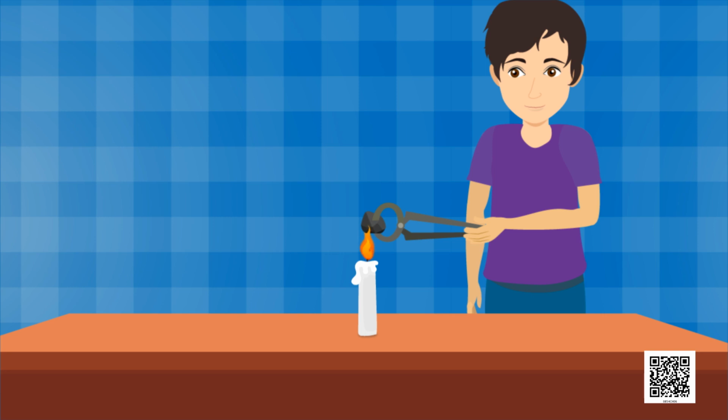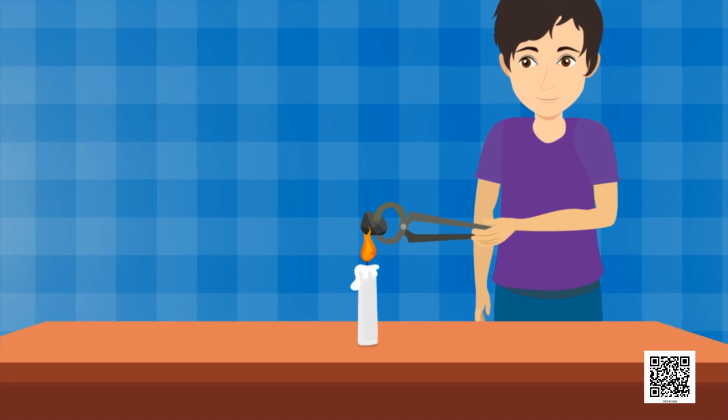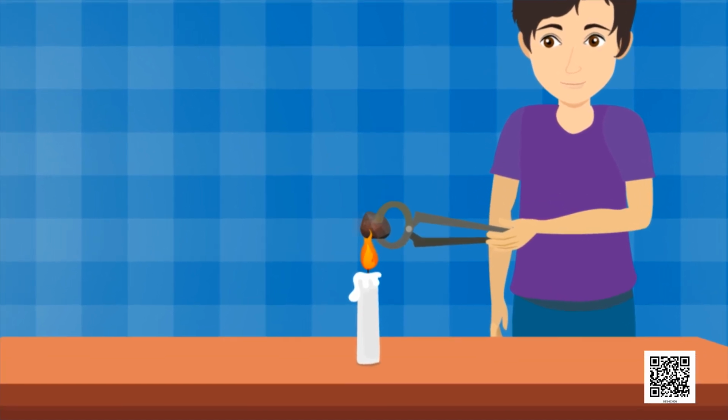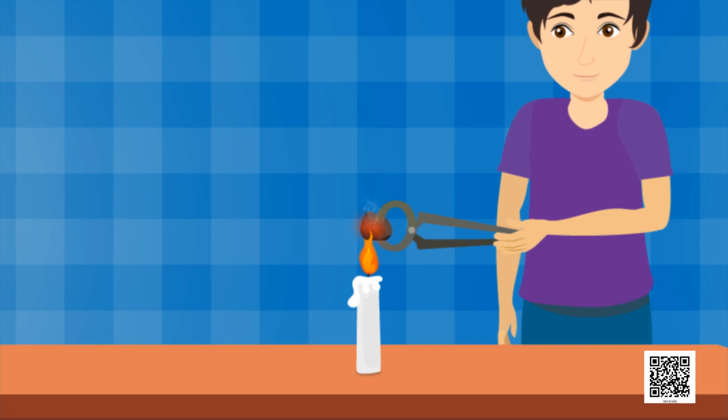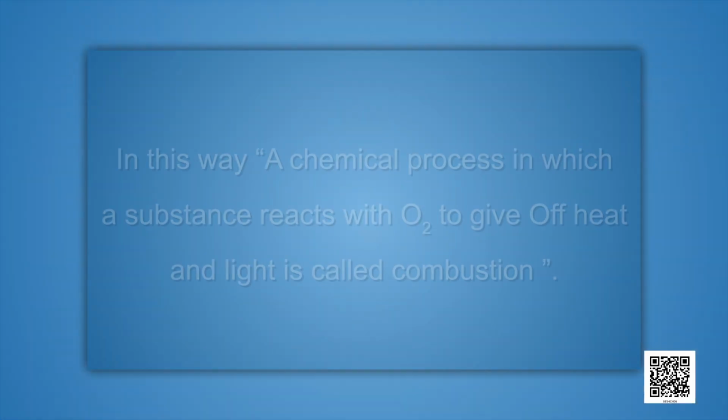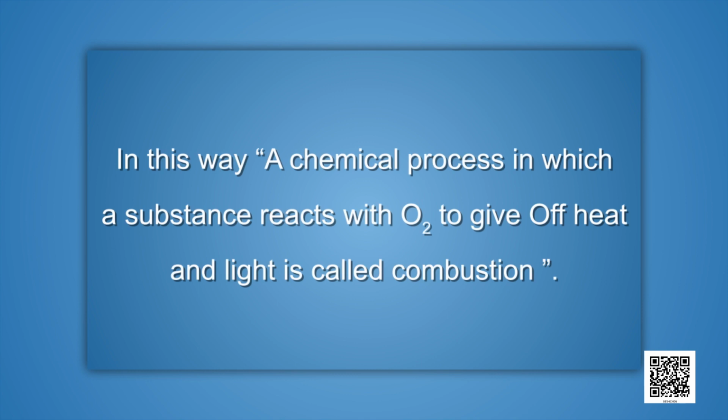We find that charcoal burns in air, producing carbon dioxide, heat and light. In this way, a chemical reaction or a chemical process in which a substance reacts with oxygen to give off heat and light is called combustion.